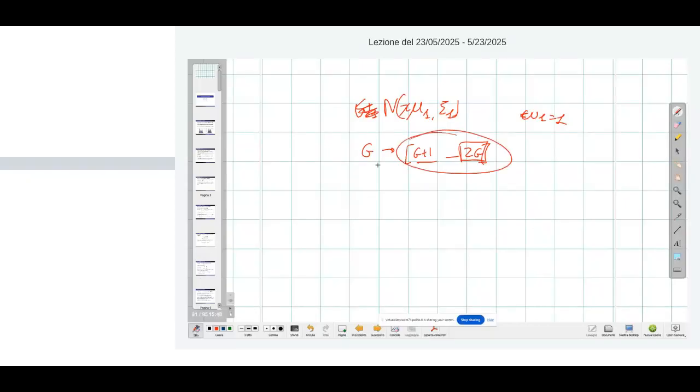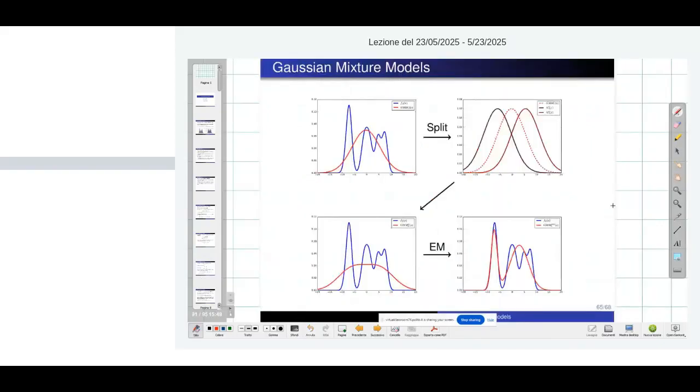Then we use these as initial parameters for our maximization procedure. To generate a model with, for example, 256 components, we create an initial model with one component, then we train a model with 2, a model with 4, a model with 8, until we reach a model with 256. How? Well, let's see all the steps.